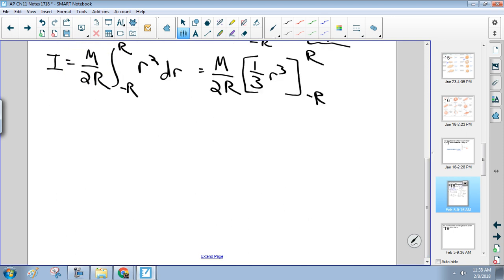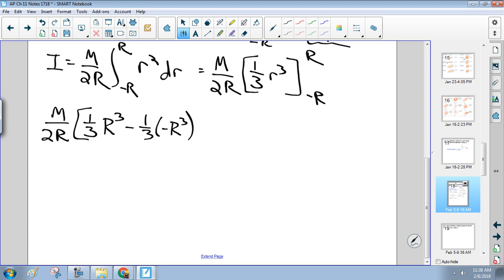Now I've got M over 2R times 1/3 of positive R cubed minus 1/3 of negative R cubed, but this negative comes out and makes this a plus. So I get 1/3 R cubed plus 1/3 R cubed, that's 2/3 R cubed.